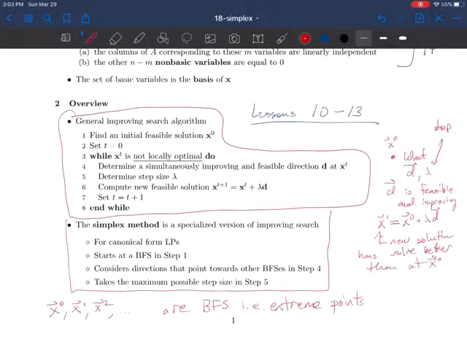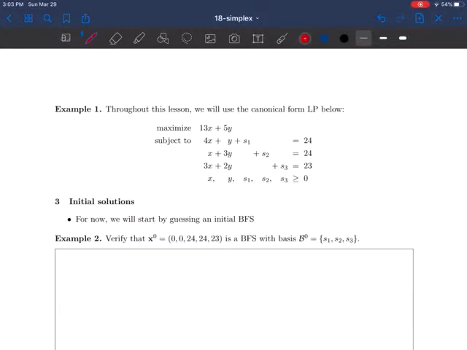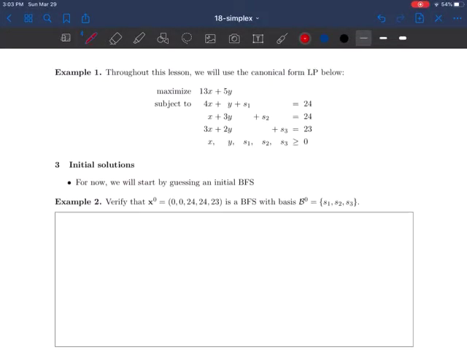Today, we're going to really cast back to what we were doing with improving directions to talk about what are simplex directions. So our d that we use are all going to be simplex directions. After this video, the assessment for this video is going to have you do a very similar computation to the one I do.